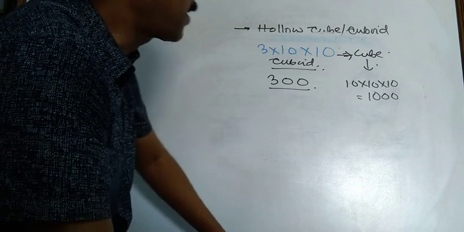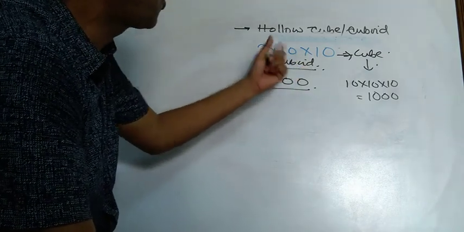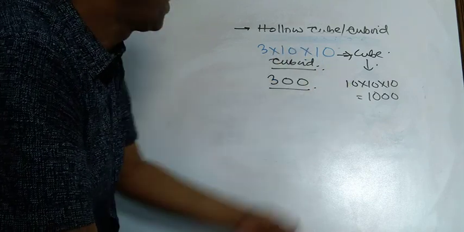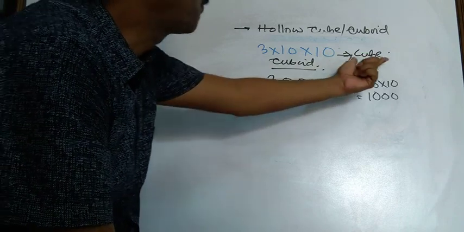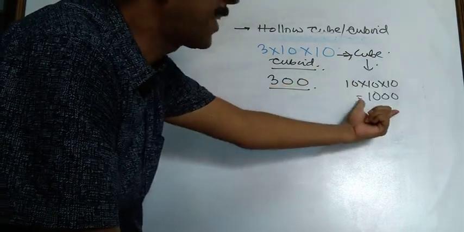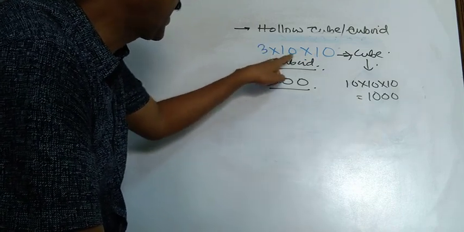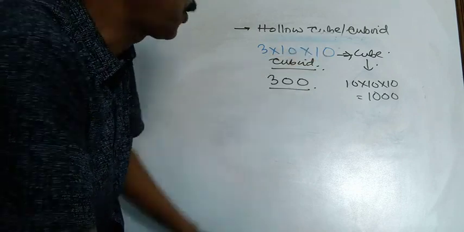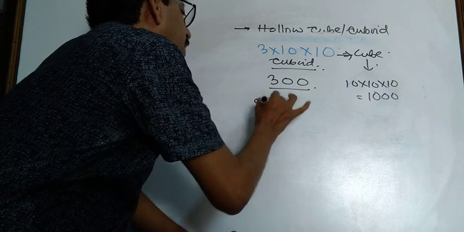So the question is, how many small cubes are added to this cuboid to convert this structure from a cuboid into a cube? This cuboid has 300 small cubes, and to make it a cube, we need 1000. So what is the extra requirement?